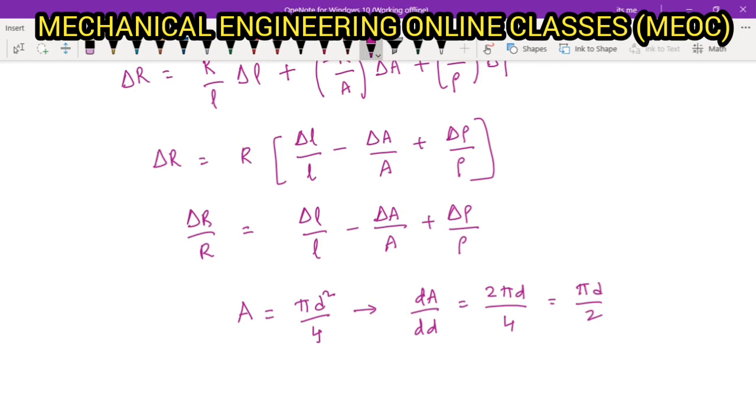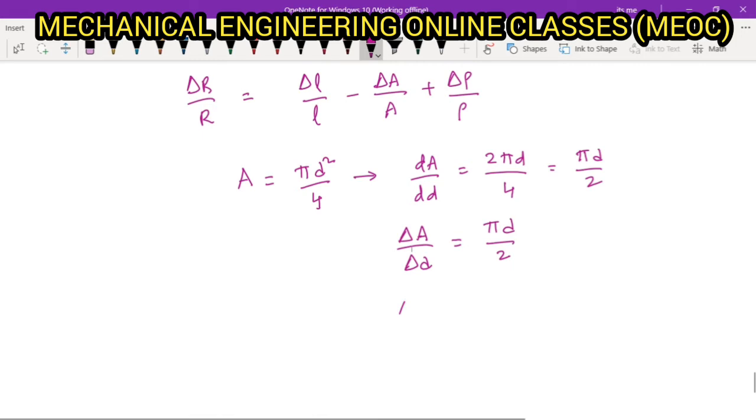So if I write it in terms of delta, delta A by delta d is pi d by 2, so I will write delta A as pi d by 2 into delta d.